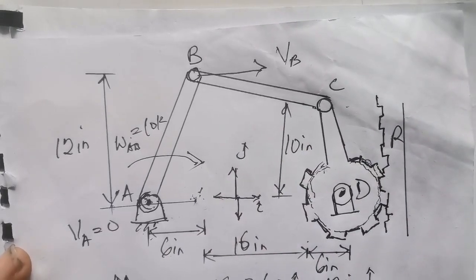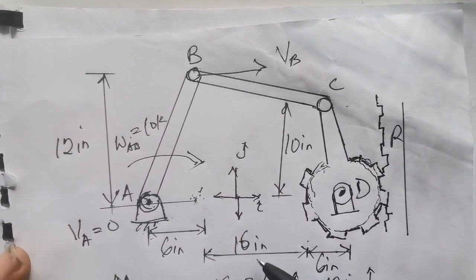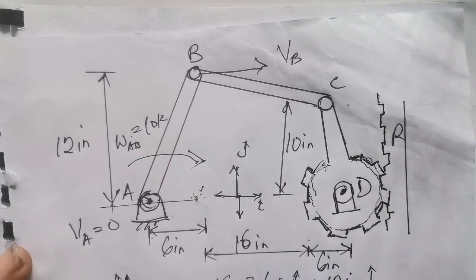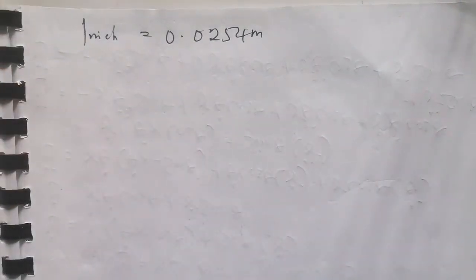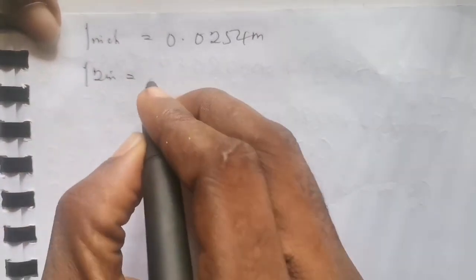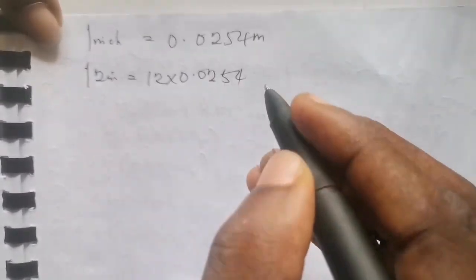But let's observe these dimensions first. We were given 12 inch, 6 inch, 16 inch, and 10 inch. So we need to convert all of these first to meters. Now to do so, 1 inch is equivalent to 0.0254 in meters. So it means that to convert 12 inch, we have 12 times 0.0254 in meters.